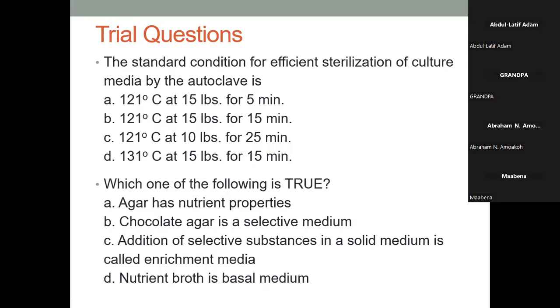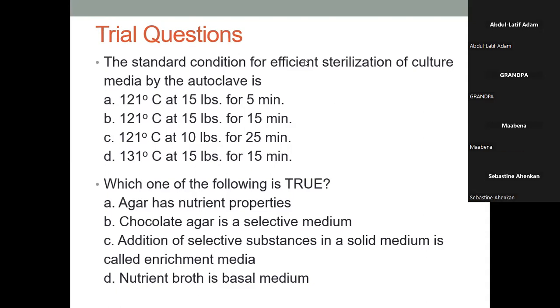What is the standard condition for efficient sterilization of culture media? For any type of media you want to prepare, after preparing it you have to sterilize it. There's a standard requirement for autoclaving. So let's quickly go through which will be the right answer. 121 degrees at 15 pounds for 5 minutes, 121 degrees at 15 pounds for 15 minutes, 121 degrees at 10 pounds for 25 minutes.